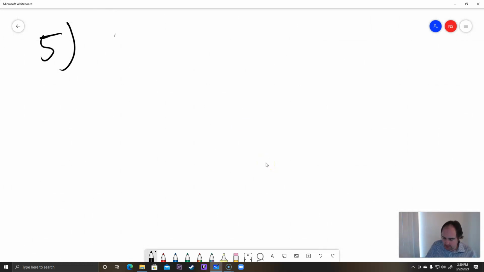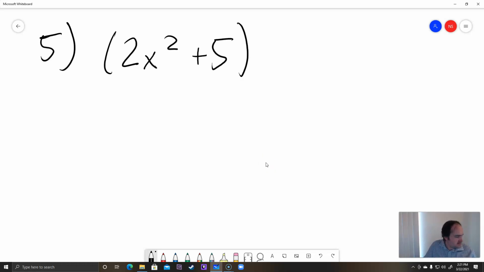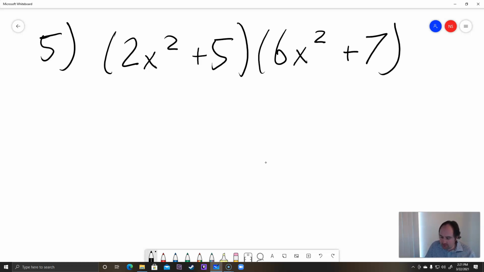So this one is parentheses 2x squared plus 5 times parentheses 6x squared plus 7. Okay, so once again we have parentheses 2x squared plus 5 times parentheses 6x squared plus 7.